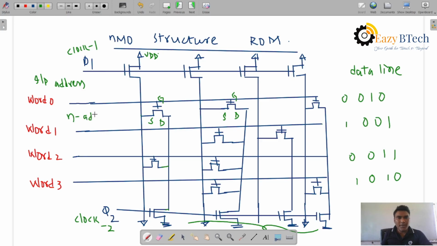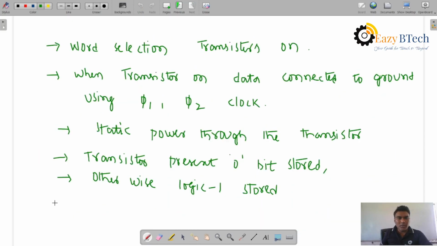So it is an n into m matrix connection, right?